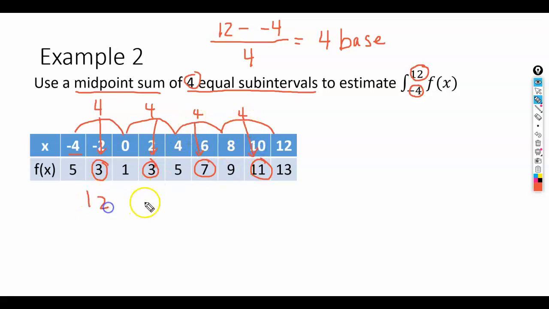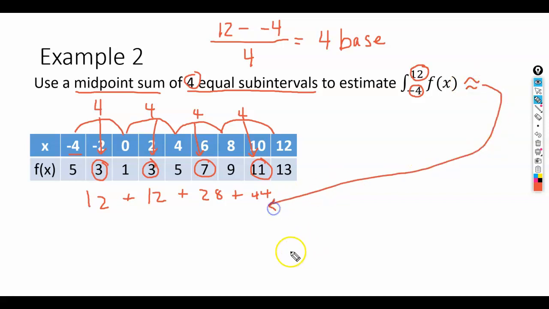So we have 12, 12, 28, 44, and we don't have to add all those together. We can just say this is approximately equal to, and then I'll just draw an arrow. There you go. So the area under this curve from -4 to 12, using a midpoint sum of 4 equal subintervals, would be this approximately.